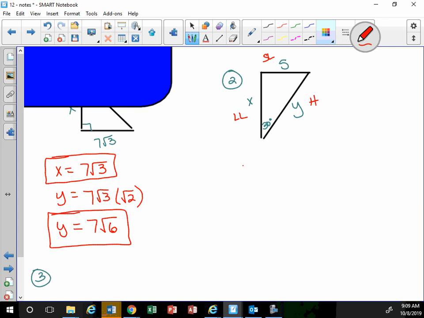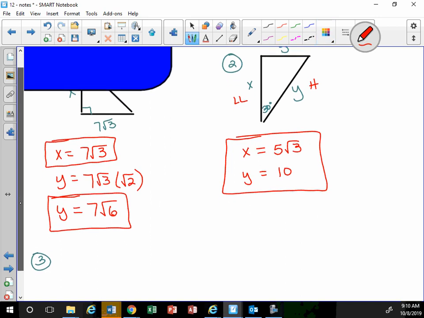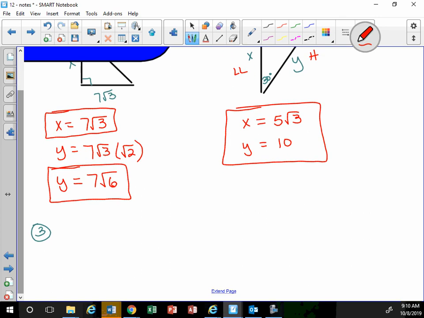Okay, if you are given the short leg, they're very easy. So what does X equal? Good. 5 root 3. Long leg is just root 3 times short leg. And what's the hypotenuse? Simple. It's a little less simple when I give you the long leg.